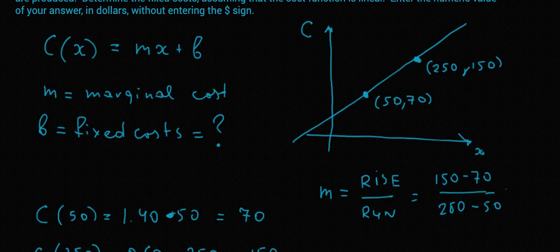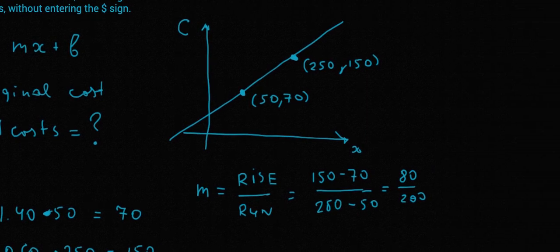And so we get 80 over 200, and that is 0.4. So the slope of our line is 0.4. This is the marginal cost.